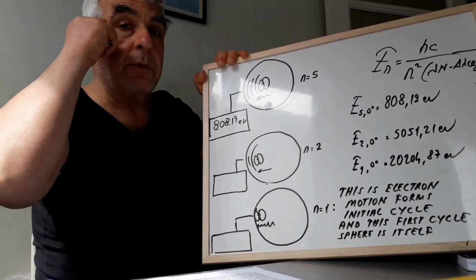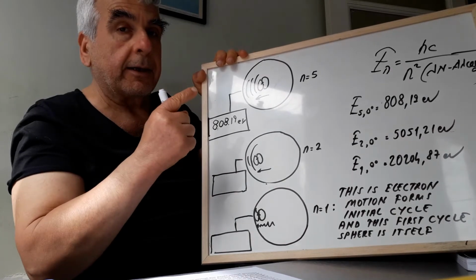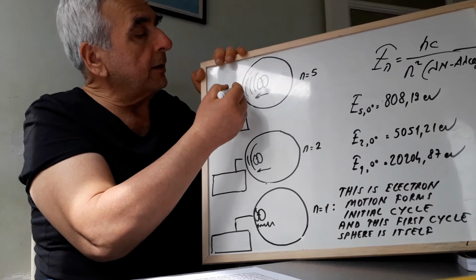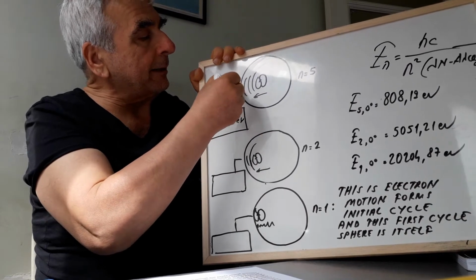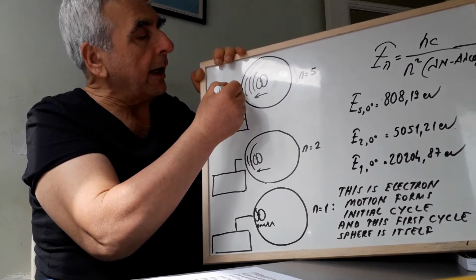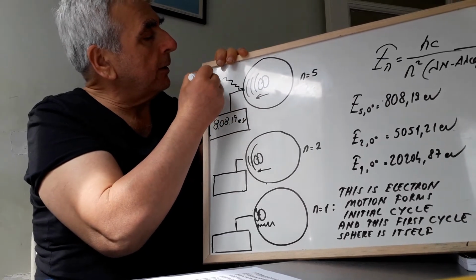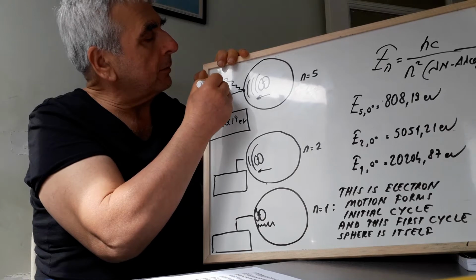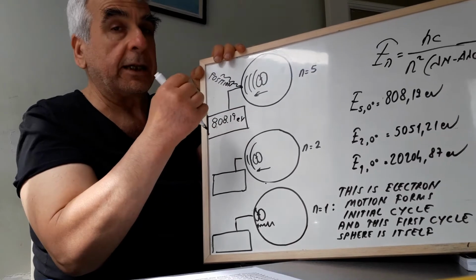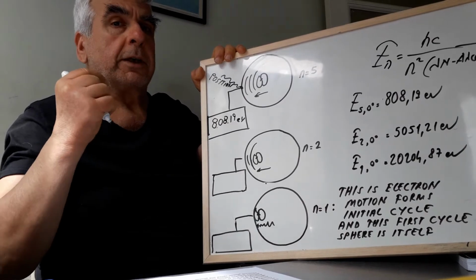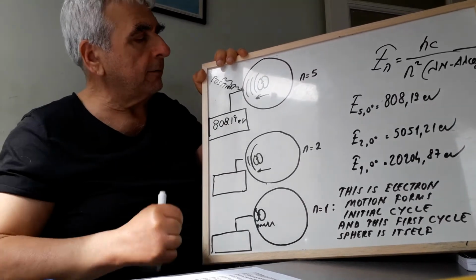Now, we will think that the electron is not at that point yet. Okay. This is the position that we wait for the electron to touch.